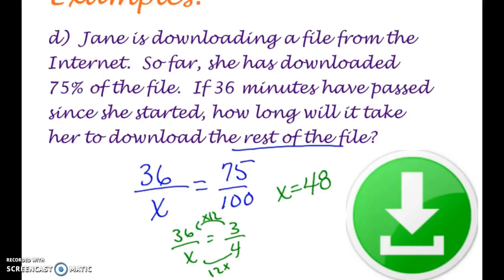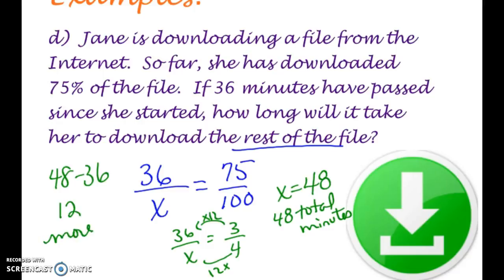But in this case, it didn't ask me how much time it will take to do the whole file, and this is the total. So 48 is the total minutes. It just says how long will it take her to do the rest. She's already spent 36, and we can do 48 minus 36 to get 12 more minutes. And that would actually answer this question.